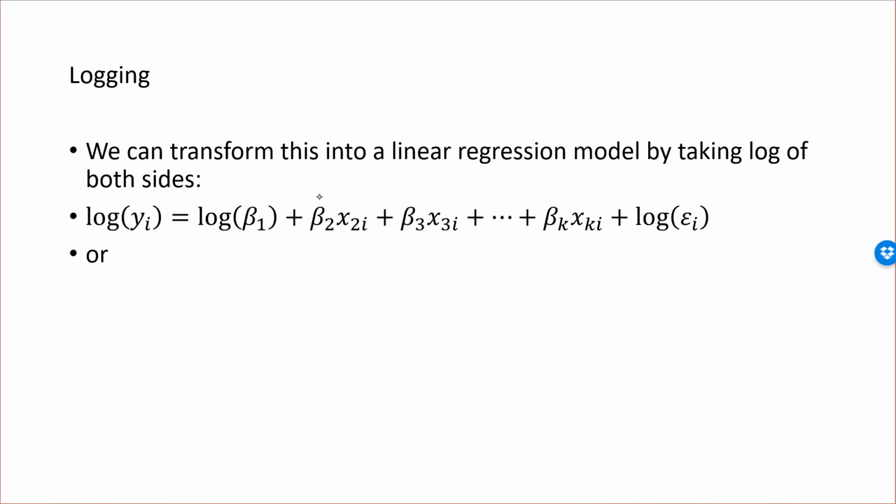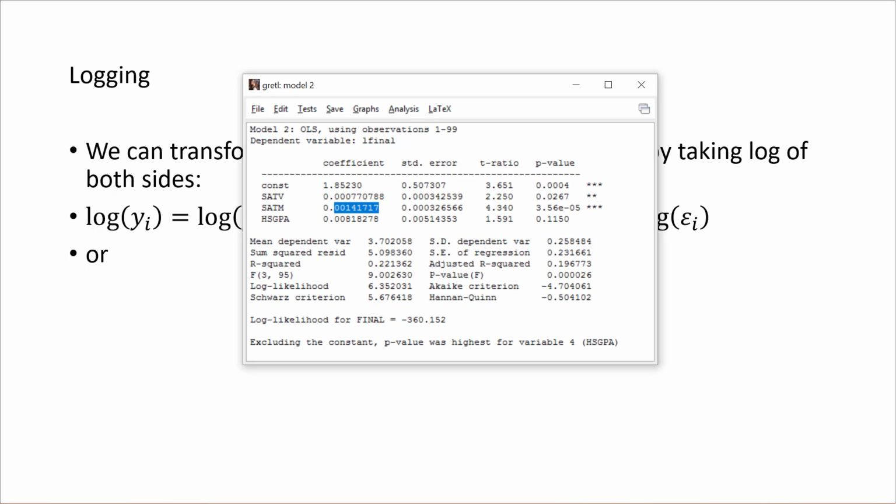Beta 2, for example, is not the derivative of y with respect to x2. It's the derivative of log y with respect to x2, and that's not the same thing. Neither can we interpret these as how many percent y will increase if x increases by 1%, as in the log-log model. What we will see is that the interpretation is different, and it is as follows.